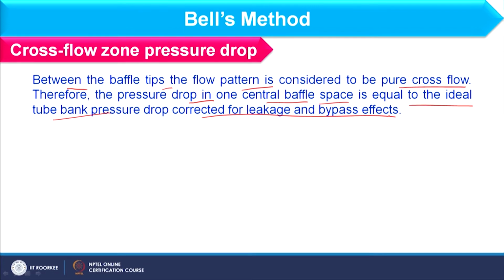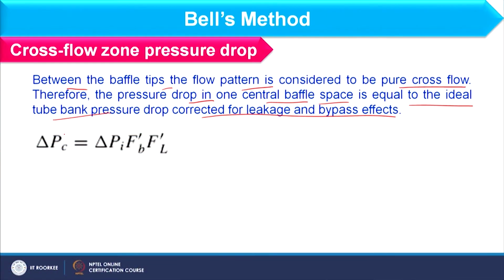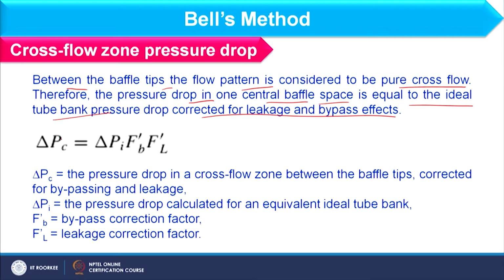Here again we are considering the ideal tube bank, and then we will consider different correction factors as we studied in the heat transfer coefficient of shell side. Let us see the expression for the pressure drop in cross flow zone: delta Pc is equal to delta Pi Fb' and Fl'.